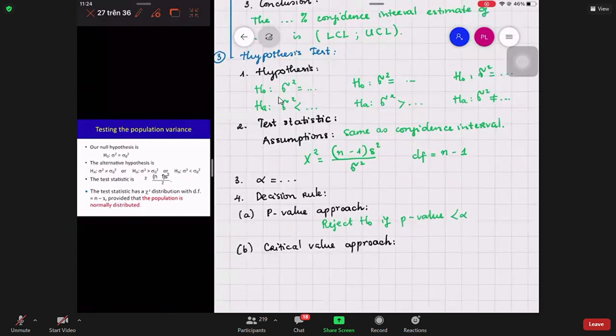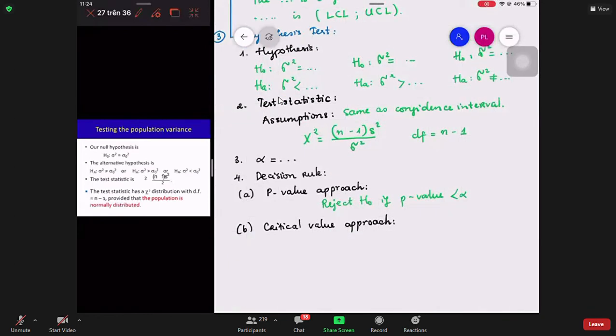Okay. And for the case that we use a critical value approach, then it will depend on the test that we have. Let's say that we have A here, we have B here, and we have C here.